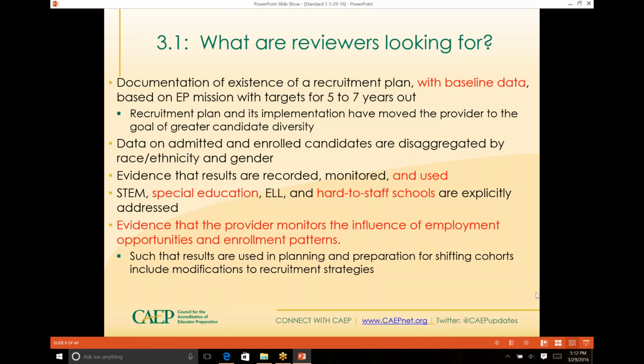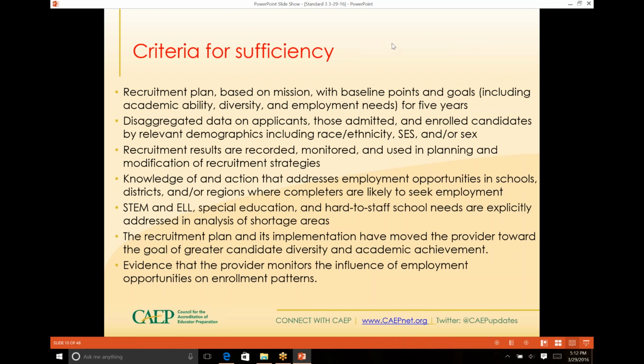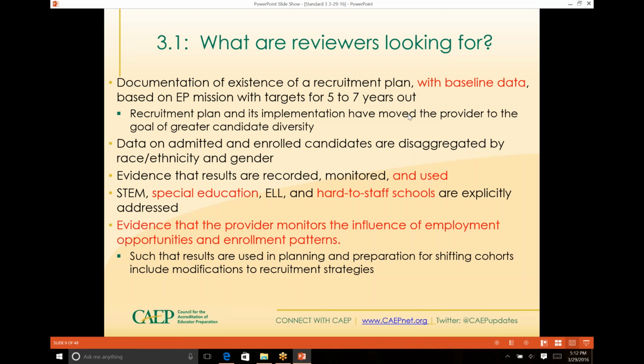This is what I was referring to earlier when I said your recruitment plan and its implementation have moved you towards the goal of greater candidate diversity, however you're defining and expressing that in your local area.